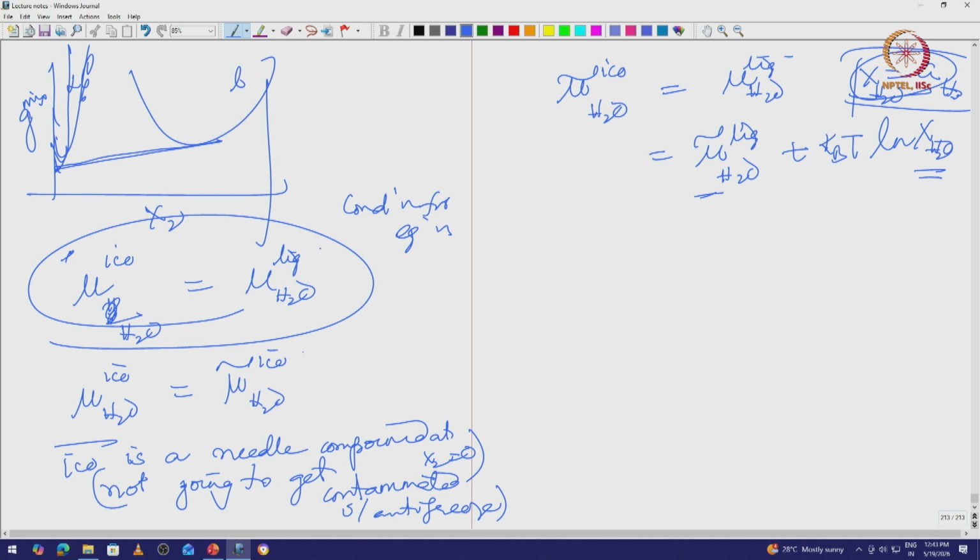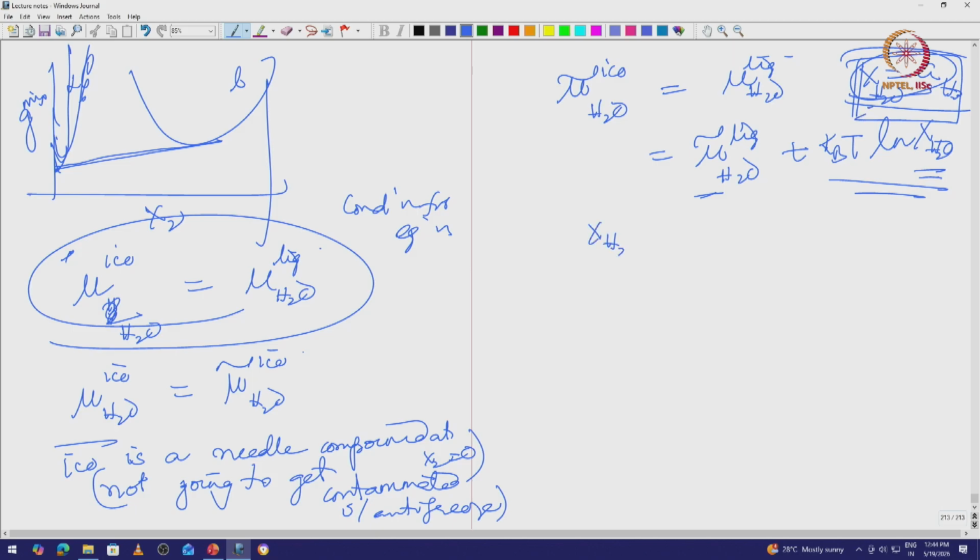Okay. All right. So now, at dilute solutions this is still valid, right? So this is concentrated xH2O, but in the dilute solution limit xH2O equals aH2O. This is a valid relation, okay?